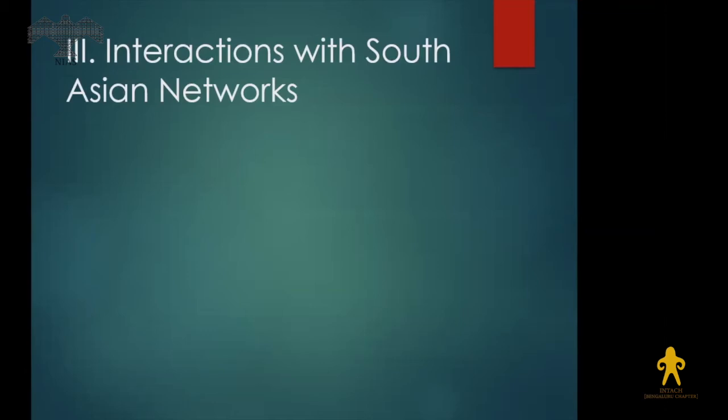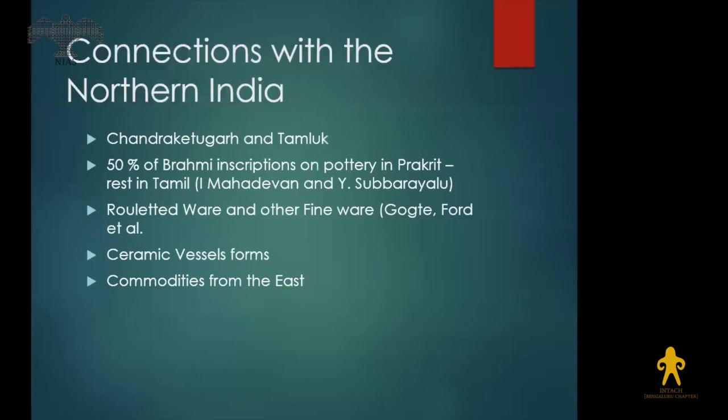Then I'm coming to the third part of my presentation. Here I'm talking about the interactions with South Asian networks, how Tamilagam interacted. We get evidence in the form of rouletted ware, which was probably produced in Bengal, and 50% of the Tamil Brahmi inscriptions are in Prakrit. They suggest people from the northern part of India and other areas moved, and also people from Sri Lanka came to the Tamilagam region.